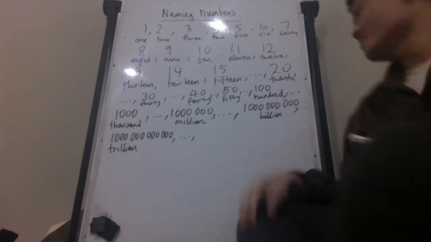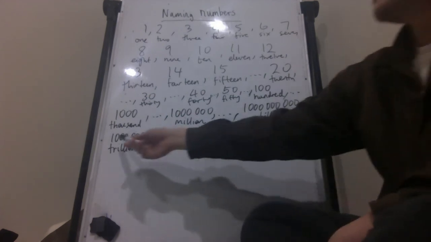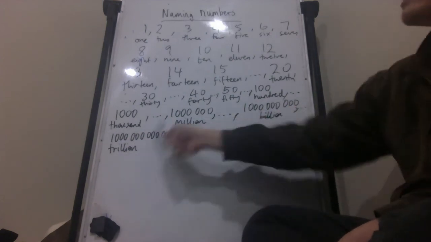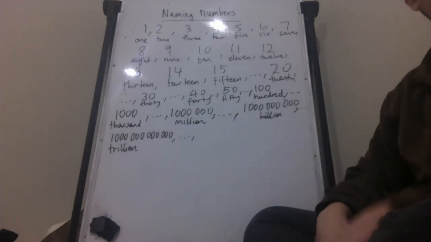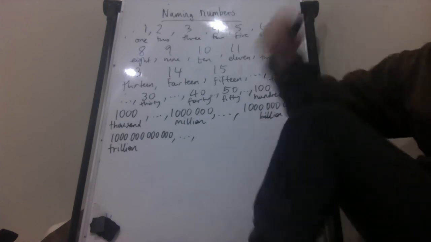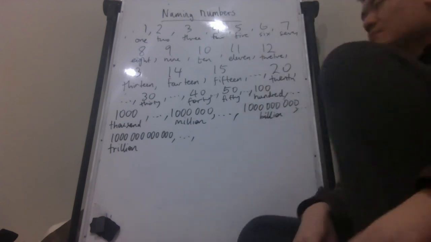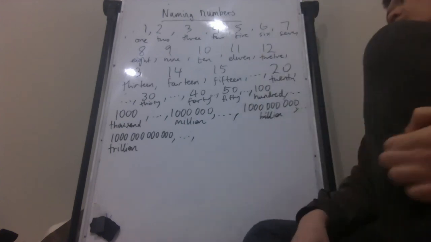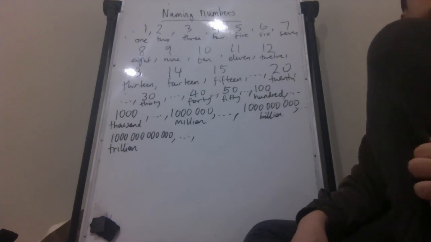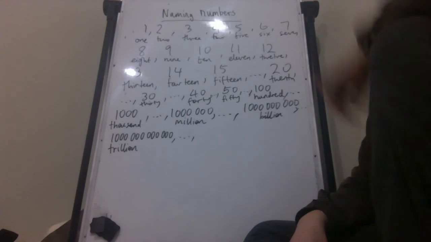So trillion is 1,000 billion and it's a million million, right? When you have 9 zeros already, you add 3, you get 12. 9 plus 3 is 12.